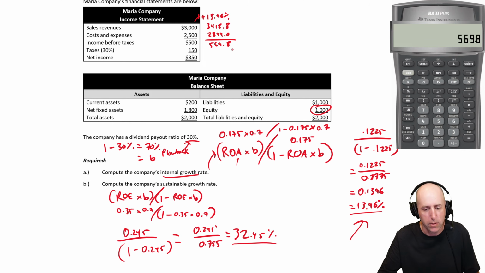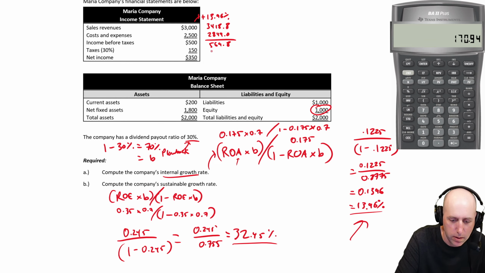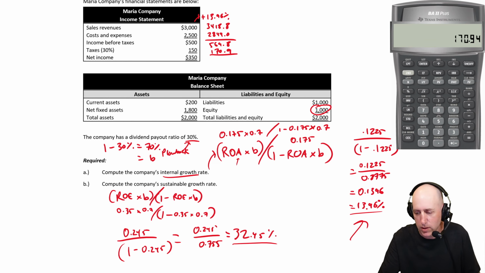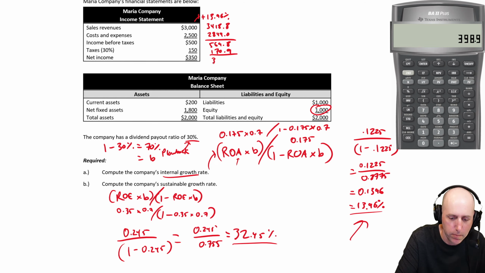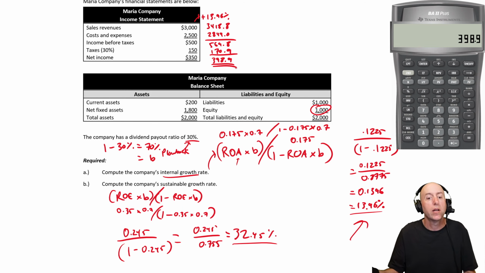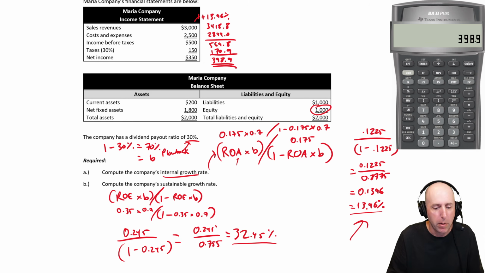Taxes will be 30% of that, 170.9, say, and profits 569.8 minus 170.9, and we get 398.9. Okay, so our income statement has now grown by about 14%.